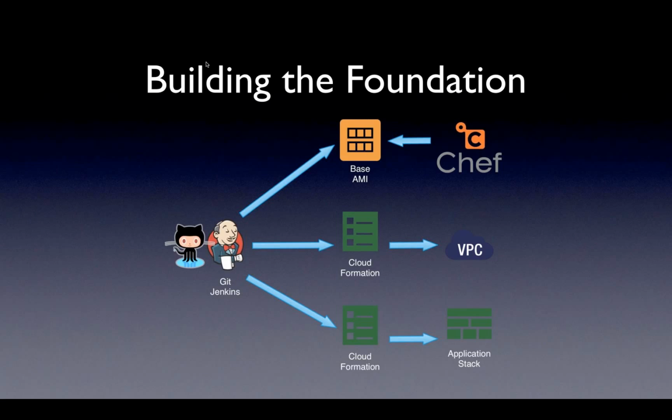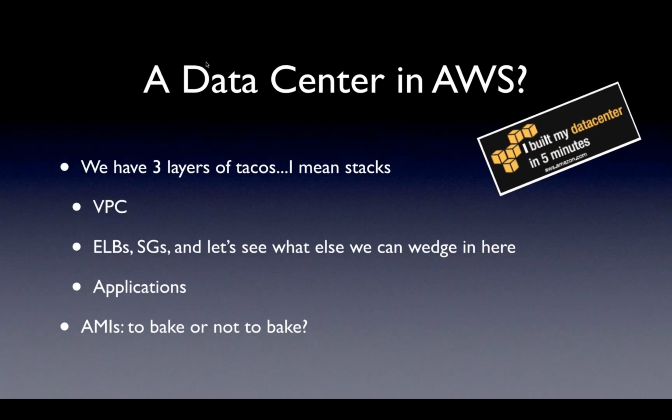These are our different applications that run in AWS in different services, and an integral part of that, again, is CloudFormation and Chef. We'll go into what that deployment workflow looks like in a little more detail. So a data center in AWS, yes, we have those three different layers that I just talked about.